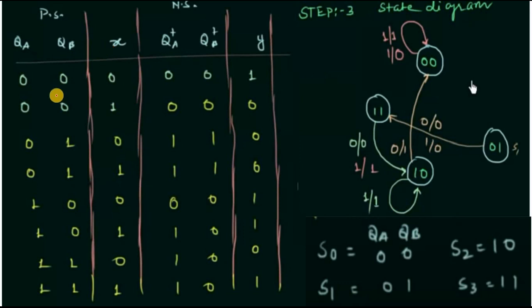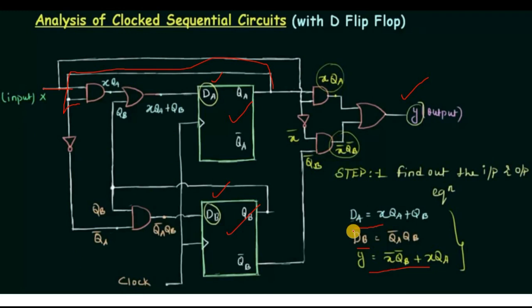So you take these three inputs and form the possible combinations. How many possible combinations will you get from 3 inputs? 8 possible combinations. You need to substitute QA, QB and X in these formulas and get the updated values.